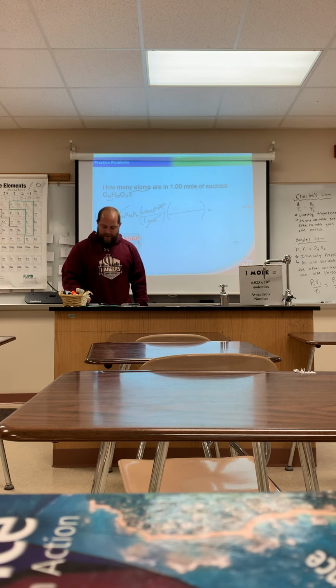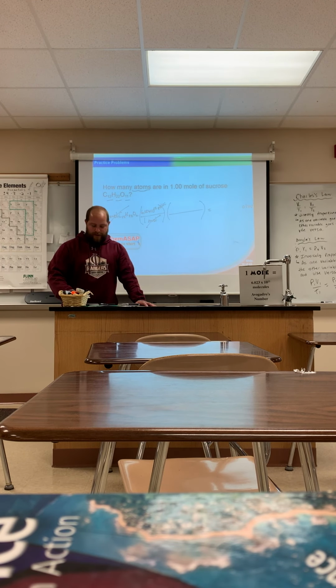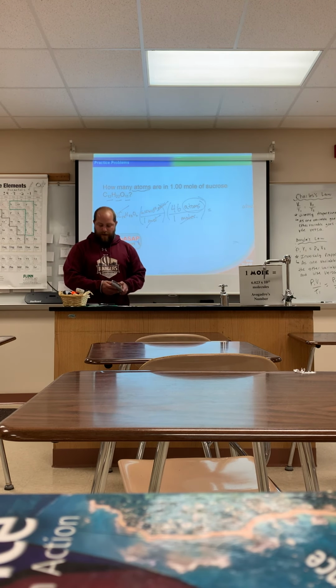In this case, it's 12 plus 22 is going to give us 34, plus 11 is going to give us 46. So in this case, we're going to have 46 atoms per 1 molecule. So then the molecule part cancels, and we're left with atoms, which is what we want.